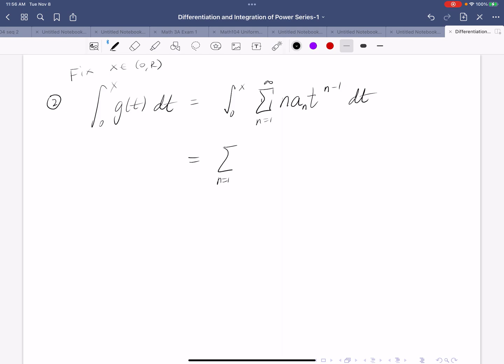So I'll have the integral 0 to x of n a sub n t to the n minus 1 dt. And again, n a sub n has nothing to do with my variable of integration. So I'm just going to move those out of the way, move those in front.